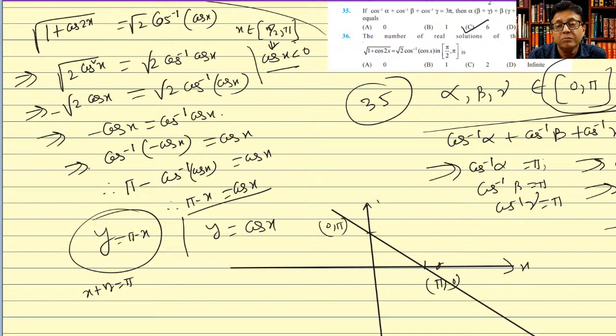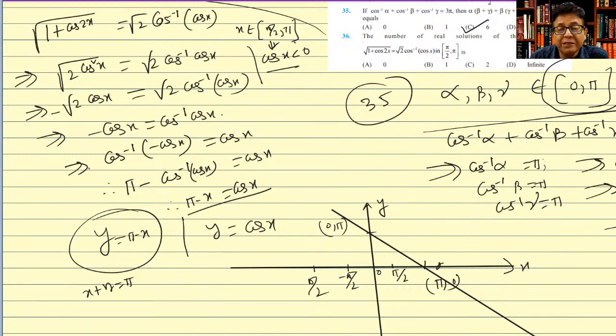Okay? And y is cos x. Cos x you need to plot. So the graph of cos x will be what? This is pi by 2, 0, minus pi by 2, pi by 2. Sorry, minus pi.